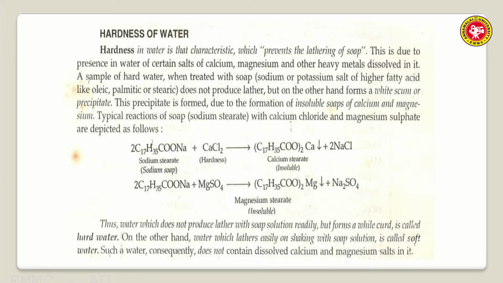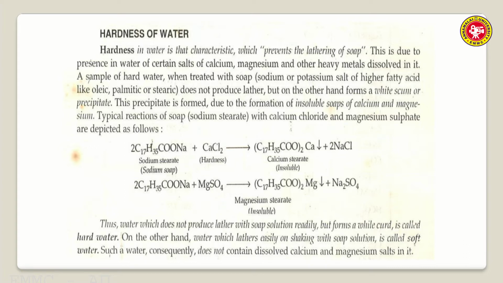There are 2 equations shown here. This shows sodium stearate, which is a constituent of soap, reacting with calcium chloride, a hardness producing salt, to give calcium stearate. It is an insoluble precipitate, that is the scum I mentioned. It will not lather, instead it produces scum of calcium stearate.